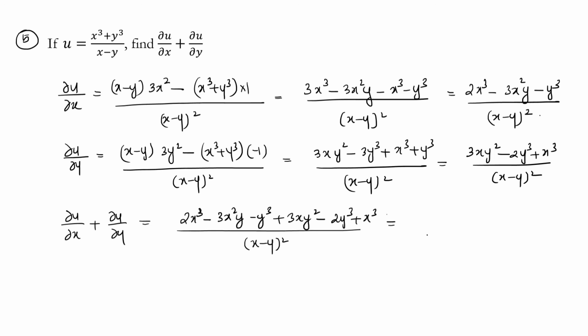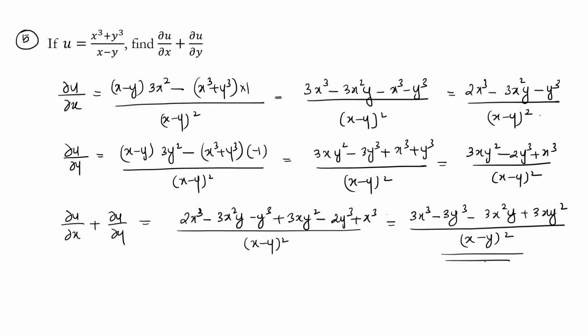We rewrite this as 2x cube plus x cube is 3x cube, and minus y cube minus 2y cube is minus 3y cube, and we have minus 3x square y plus 3xy square, divided by x minus y the whole square. This will be the answer. If you want to, you can also simplify this, or otherwise we will leave it here. This is the fifth question.